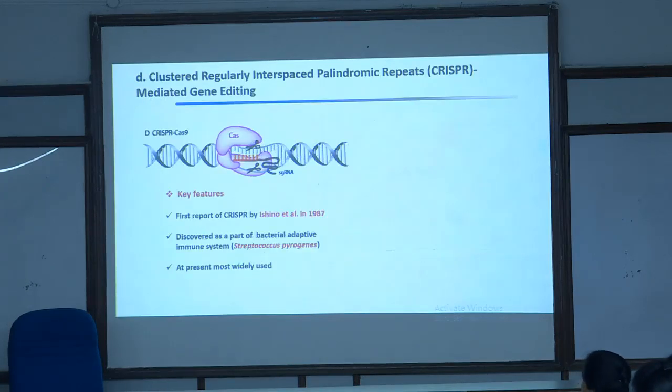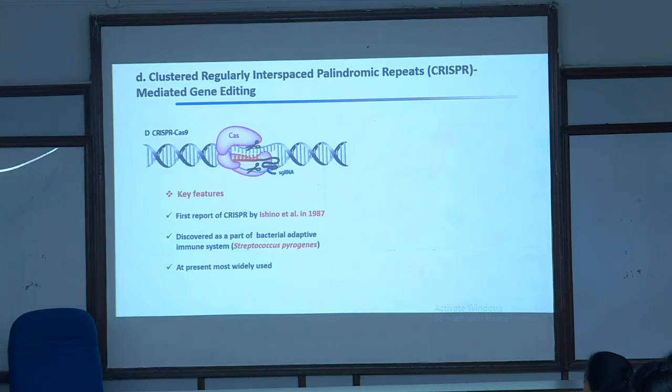And the focal point of the training program, and also my own focal point here, is the CRISPRs, that is clustered regularly interspaced palindromic repeats, right? And this is creating waves in the subject of biology now, in any field of biology. So this is the cartoon of how it looks like.